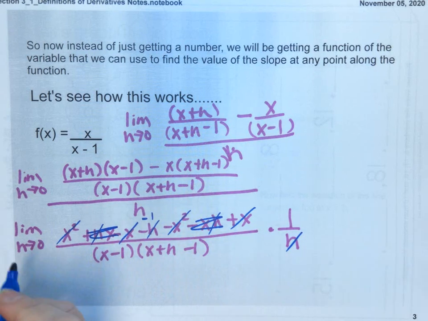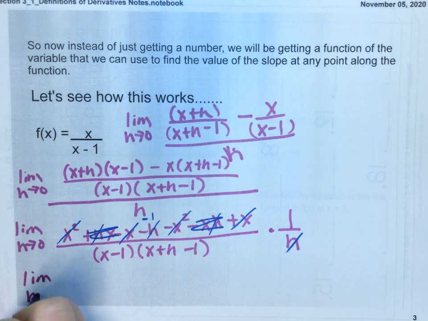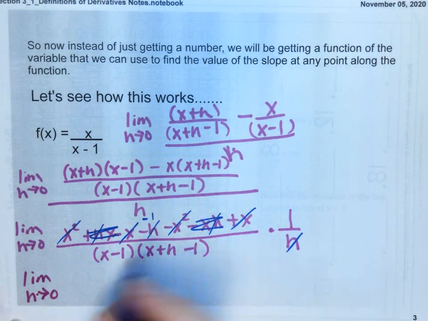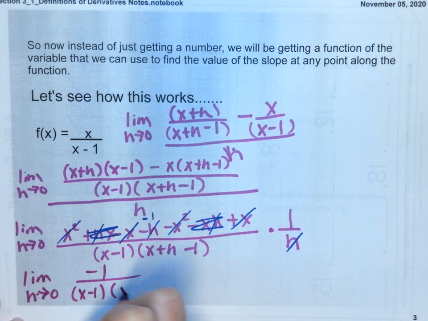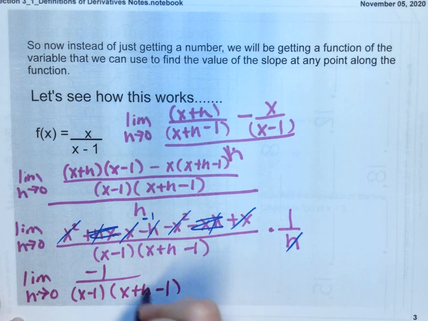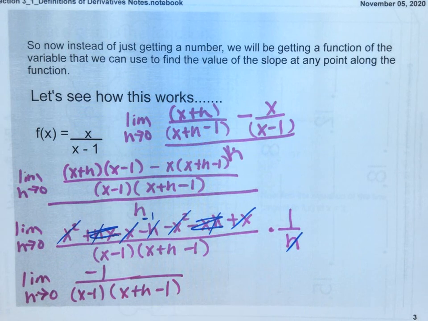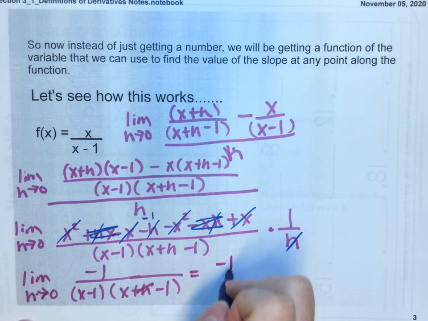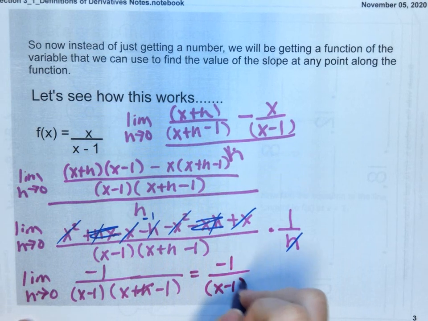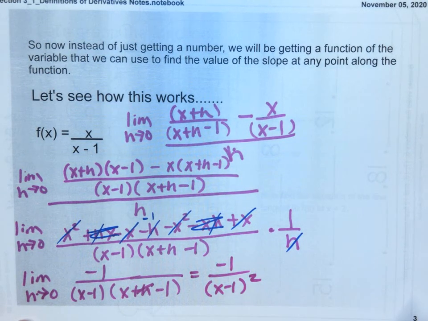So now I have the limit. You are correct. I didn't catch that. Limit as h approaches 0, good catch, of negative 1 over x minus 1 times x plus h minus 1. Whew. Can I plug in 0 now? Yes! And when I do, this turns to a 0, so I have negative 1 over x minus 1 squared.